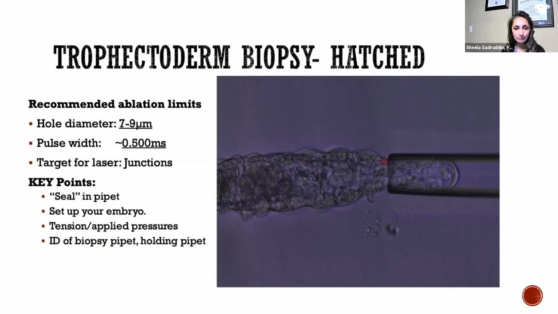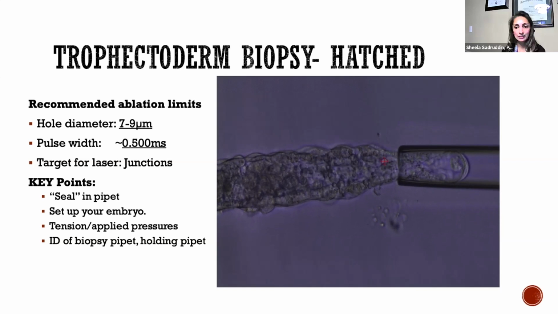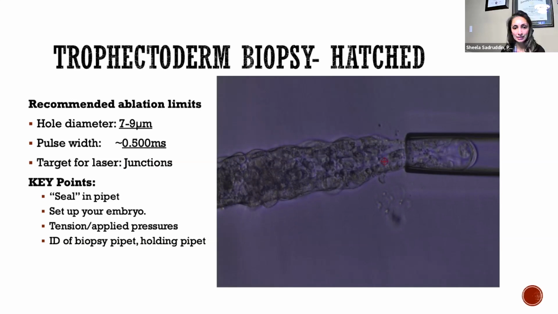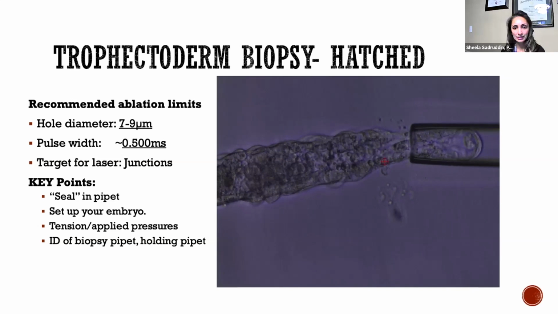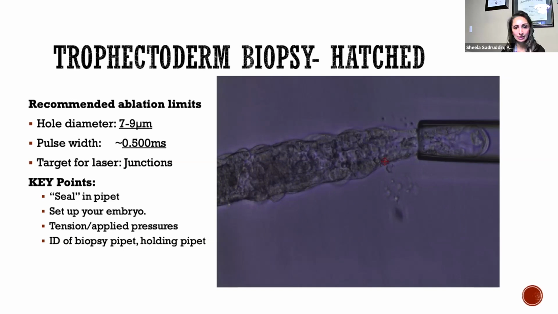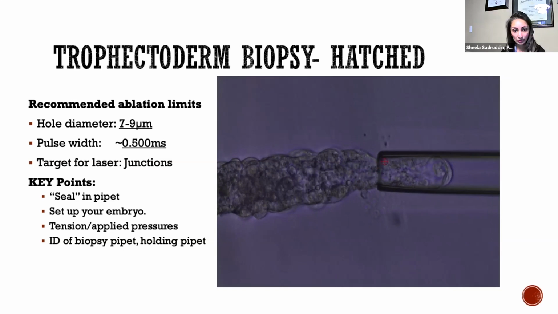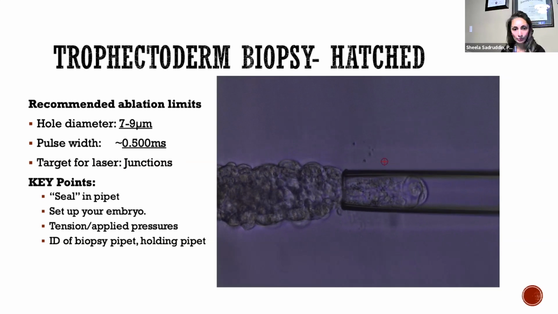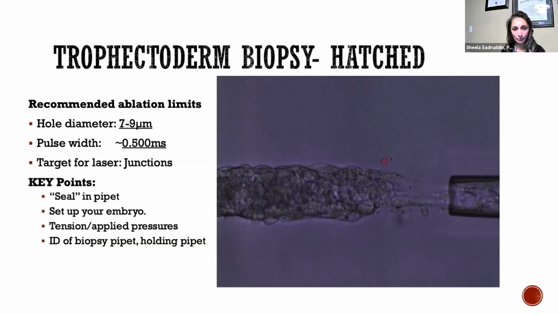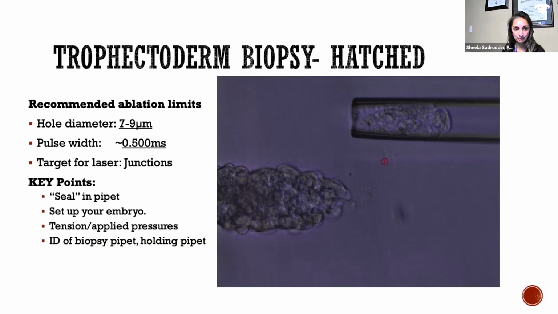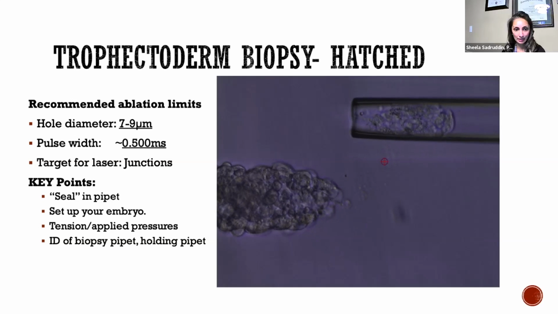You don't want to necessarily ablate the cells themselves, because obviously that's going to create a charring effect of the cells, where the cells appear dead, grainy, and flat. And so it's definitely going to present a more difficult biopsy in that they won't stretch away. However, if you target the junction points, it'll be much smoother as far as being able to remove that piece entirely.